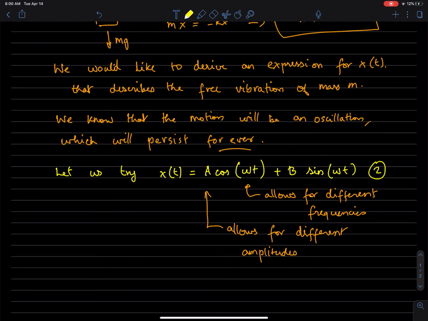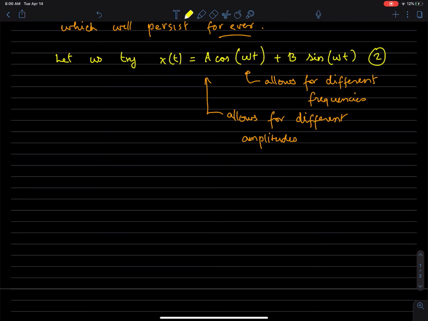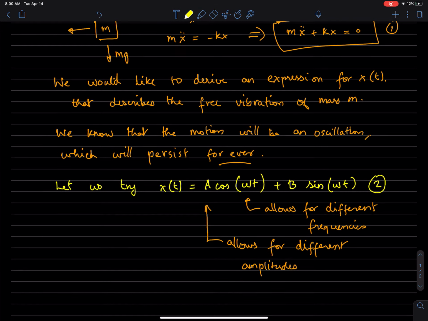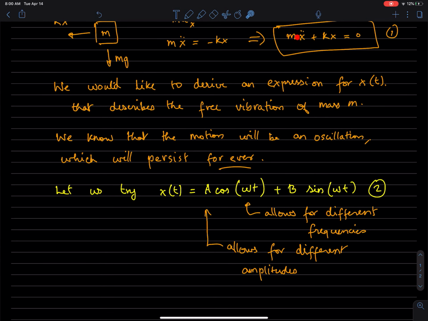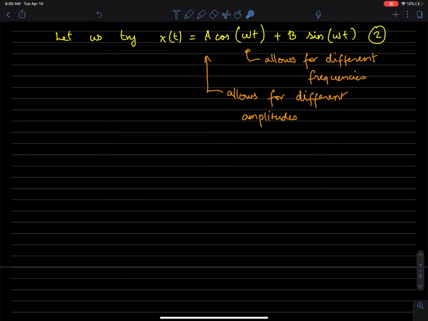And let's plug equation 2 into equation 1. To plug it into equation 1, we need to find x double dot. So let's find x double dot quickly. X dot is going to be minus A omega sine omega t plus B omega cosine omega t.